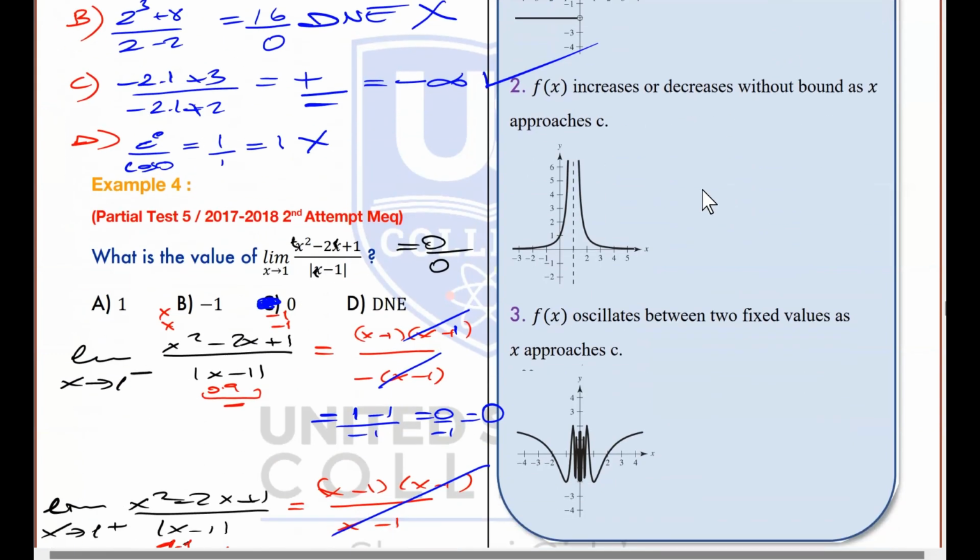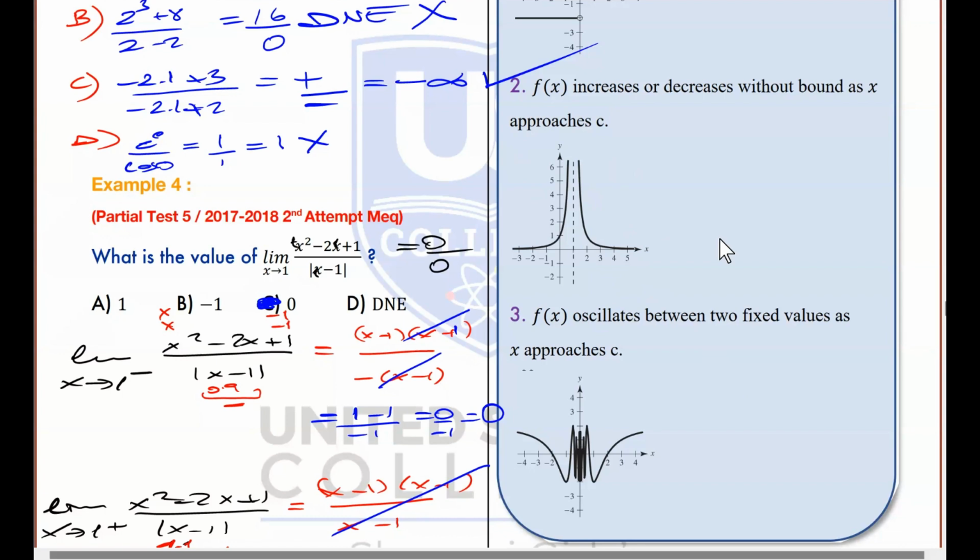And the other type of questions that limit does not exist, we have infinite limit, unbounded limit condition. So from right or from left, it goes to positive infinity, or one side goes to positive infinity, the other side goes to negative infinity, or both go to positive or both go to negative infinity. So it goes unbounded, then limit does not exist.